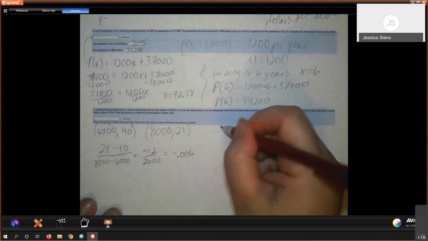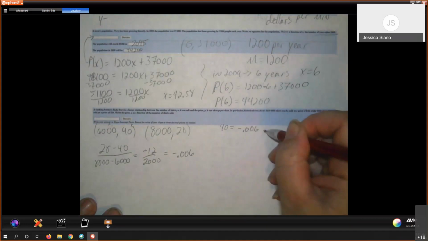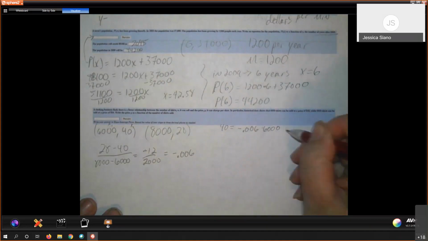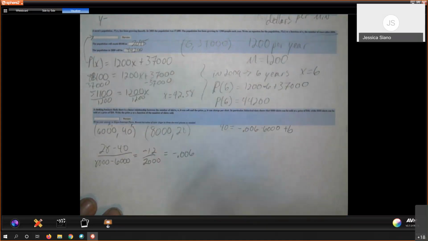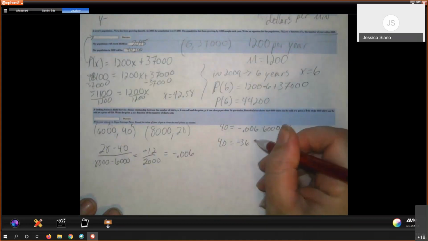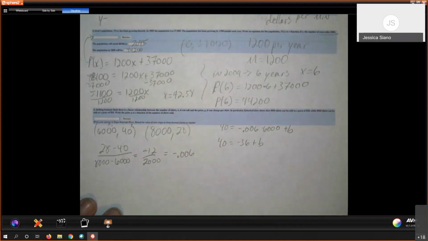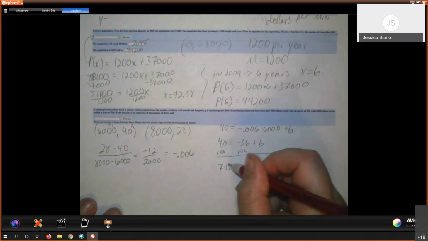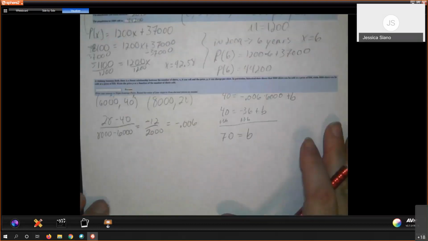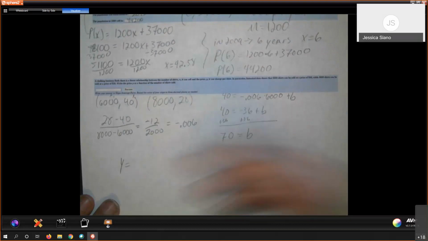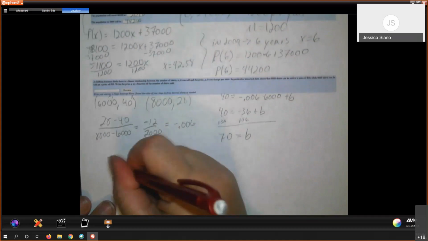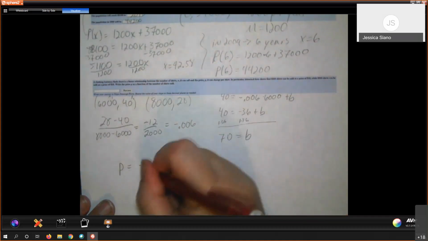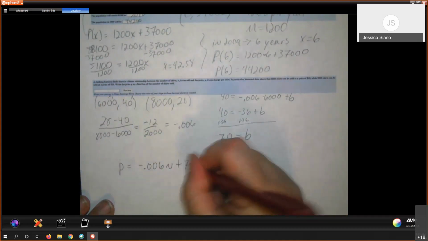So that is 40 equals negative 0.006 times 6,000 plus b. And then add the 36. So b is 70. So then my line would be, not y, p. Make sure that you use their letters, because if you use y and x, you're going to get it wrong. Negative 0.006 n plus 70.